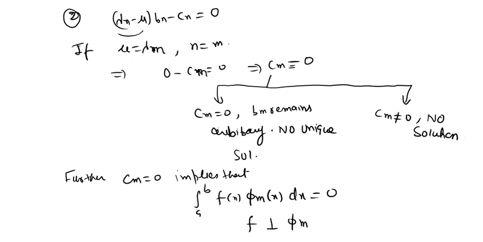So if mu equals lambda m, the non-homogeneous problem can be solved only if f is orthogonal to the eigenfunction corresponding to the eigenvalue lambda m. So now we take one example.